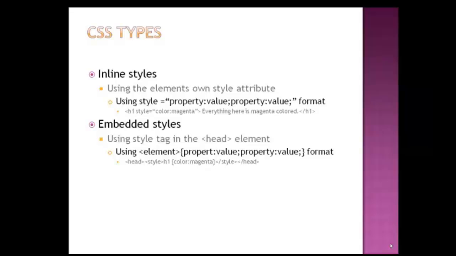Now I can simply use a tag which is called the style tag, with <style> and </style> in brackets for its tags, and I'll put that in my head element, and then I could use the HTML tags without the brackets, and I would put the color properties and values with the specific formatting that I'm showing here within curly braces, and it would apply those styles.